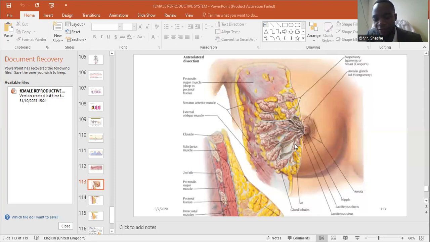Therefore, you should not be surprised when you find that a newborn baby, for example, you're working in the labor ward and you deliver a baby, and this baby may have more than 2 nipples, and those nipples are representing the breast tissue. So we call it supernumerary breast. Super meaning more, numerary number. So more than the normal number of breast tissue can be found in a newborn baby.